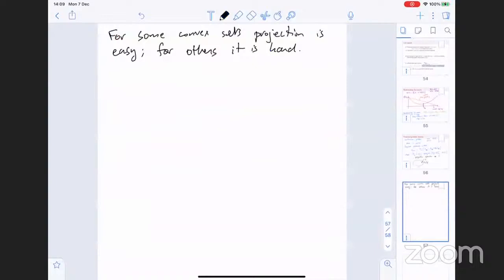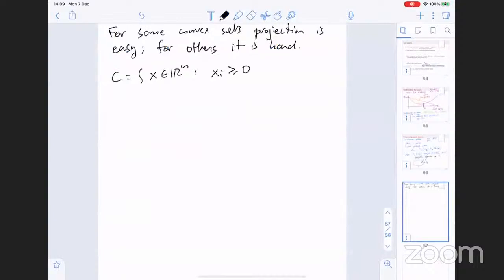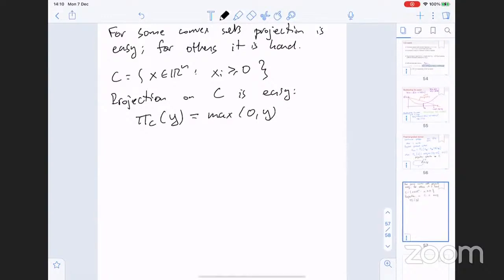So, for example, sets for which it is easy: if C is just the set of x in Rn such that xi is non-negative, then projection on C is easy, because the projection of y on C is just a max operation. If yi is negative, you just set it to 0 and that's it.